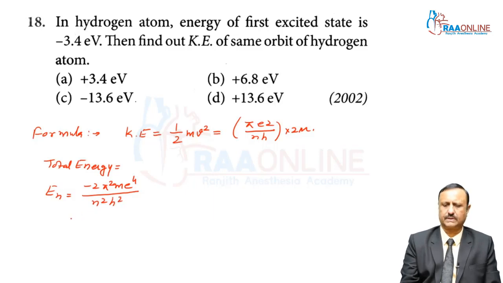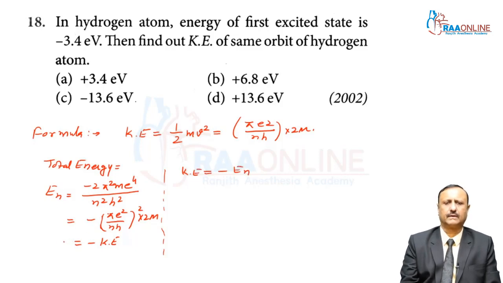So, you can see here that is the formula, and minus pi e power 2 upon nh power 2 you can write in this way into 2m, and that is equal to the energy of electron, that is equal to minus kinetic energy. Now, kinetic energy is equal to minus En. You can get here kinetic energy equals minus En, or En equals minus kinetic energy.